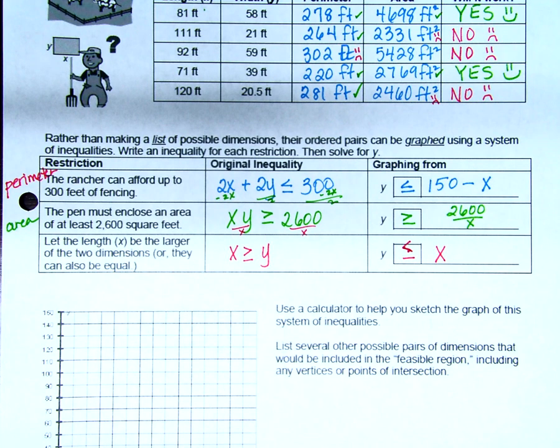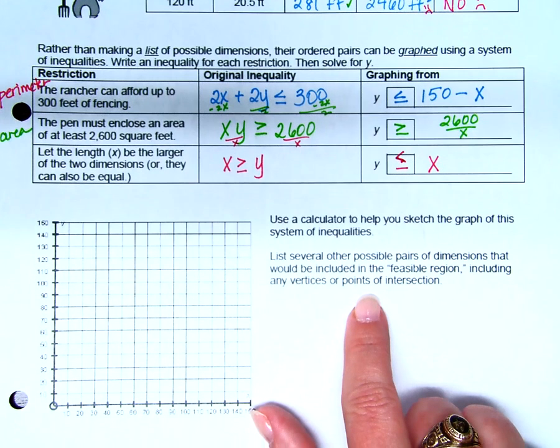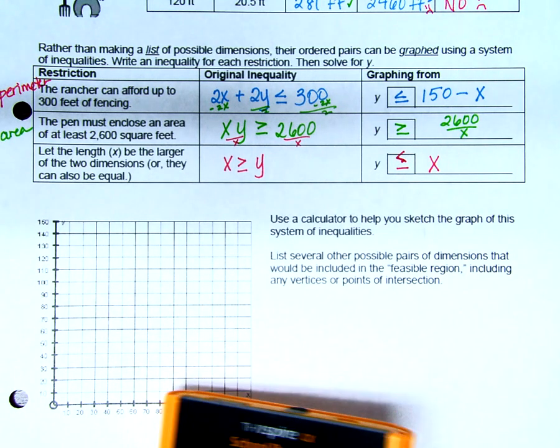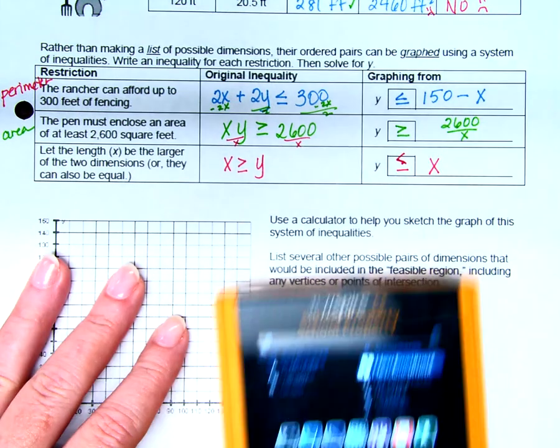Okay, so far? Now, what it says is use a calculator to help you sketch the graph of this system of inequalities, okay? What it does not want you to do is put these in, hit graph, and maybe possibly sketch what might be on your calculator, right? We are going to use the calculator, okay?